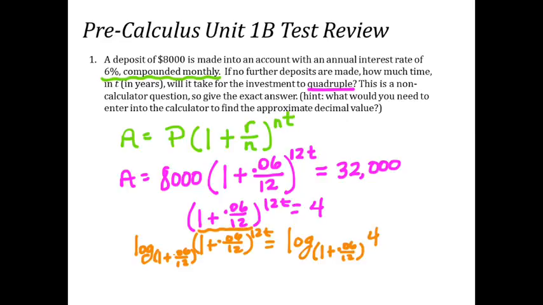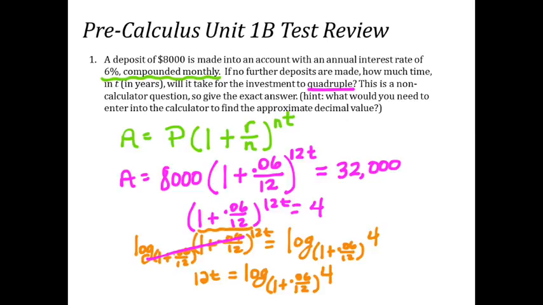So over here on the left side, the log undoes the exponential. Basically, these two things cancel out, and I'm left with 12t is equal to log with this very strange base. But that's okay, it's still a number of 4.